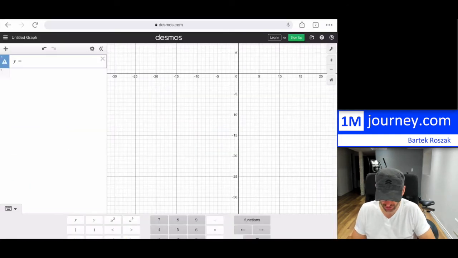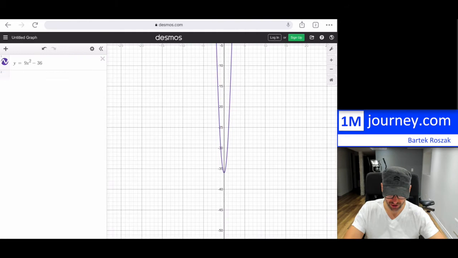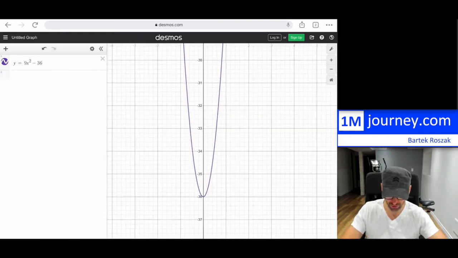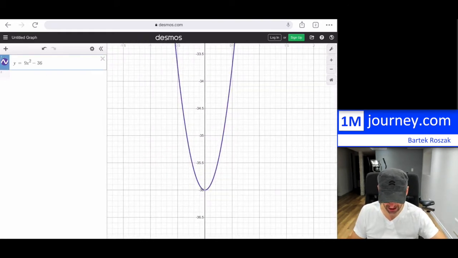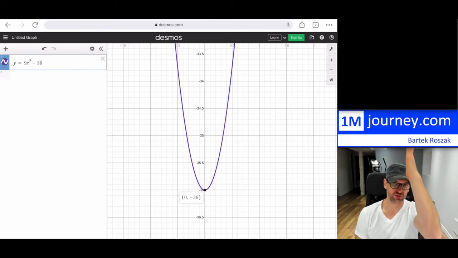Y is equal to 9x squared minus 36. And notice, let me blow this up for you. This is exactly the vertex, which indeed is at the point 0, negative 36. That's what happens with difference of squares. So if you notice that, then you right away have found the vertex, and the line of symmetry goes through that.